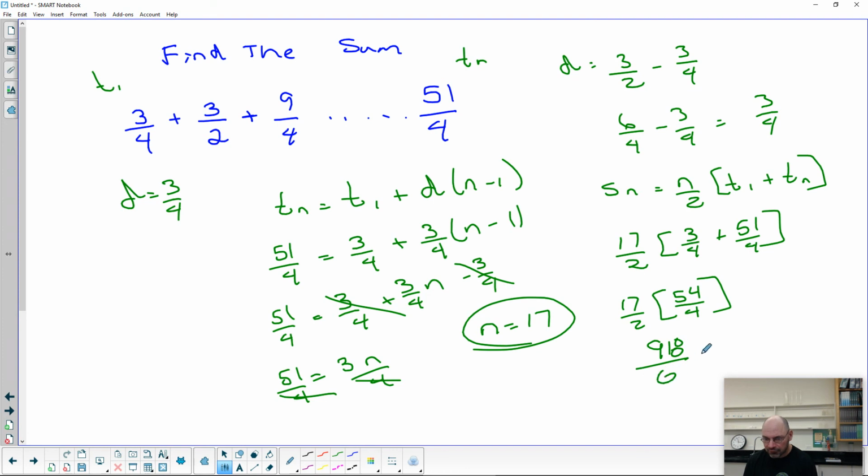That's Sn. We can maybe simplify that because we can take 2 out of it at least. In fact, it comes right down to 153. So don't be afraid of using fractions if you have to.